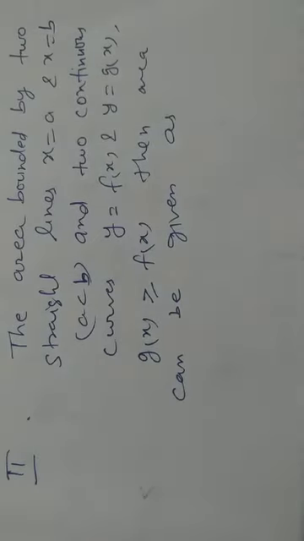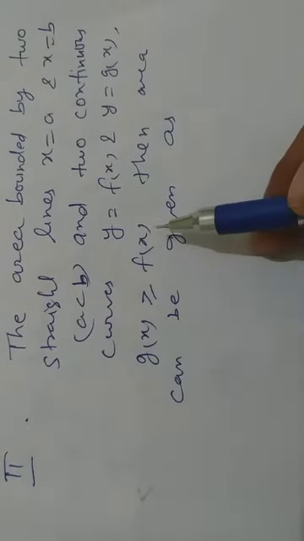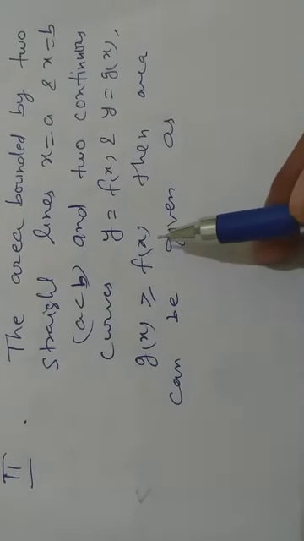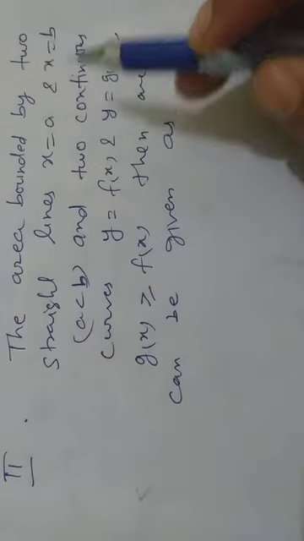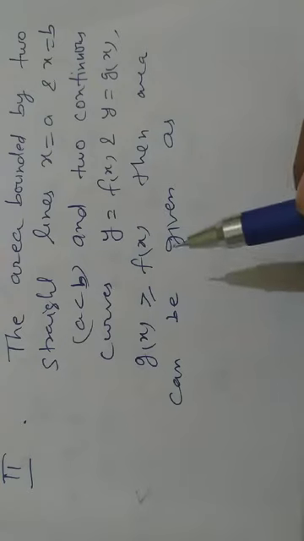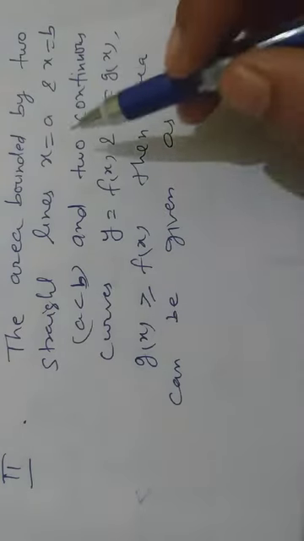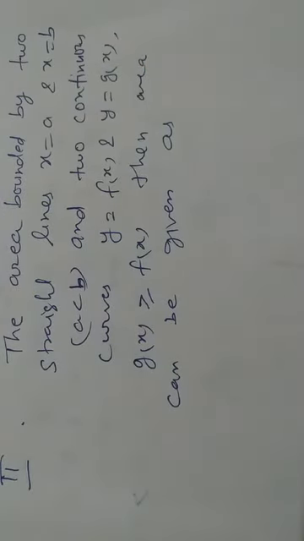Dear students, we have two curves g(x) and f(x) such that g(x) is greater than or equal to f(x), and two straight lines x equal to a and x equal to b. So there are four curves involved: y equal to f(x), y equal to g(x), x equal to a and x equal to b.